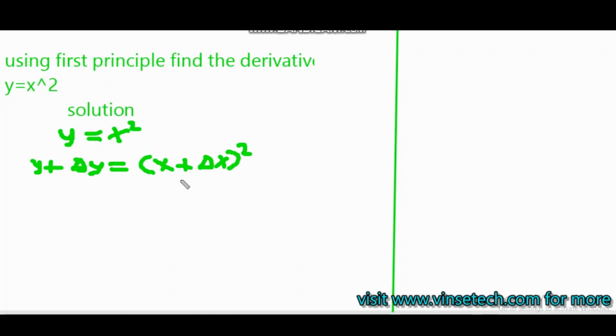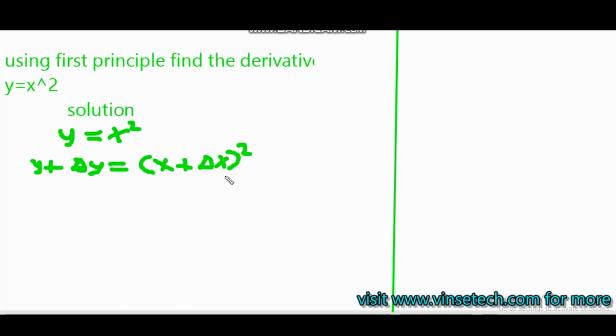Why it's squared is that if you look at the equation, on the left hand side you add delta y, and on the right hand side you add delta x, but in this case the x is squared. That's why we had to square everything.